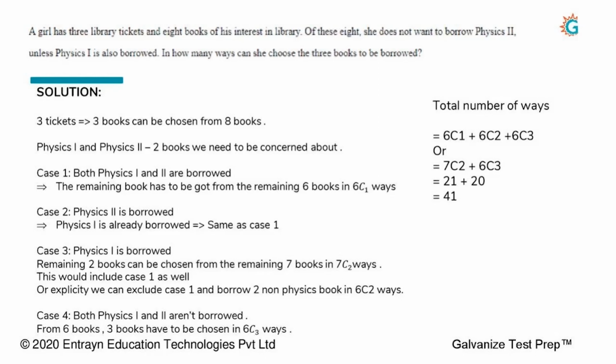So from the remaining 6 books, because 2 books are eliminated here, I have to choose all 3 books. That is done in 6C3 ways. So the answer would be 6C1 plus 6C2 plus 6C3. Now 6C1 plus 6C2 is the same as 7C2. NCR plus NCR+1 will be the same as N+1 CR+1, plus 6C3. The answer is 41. Got it?